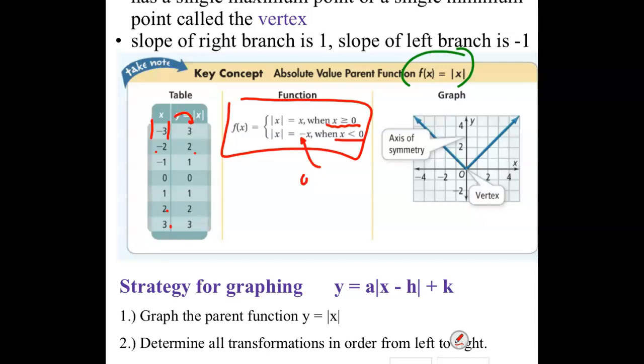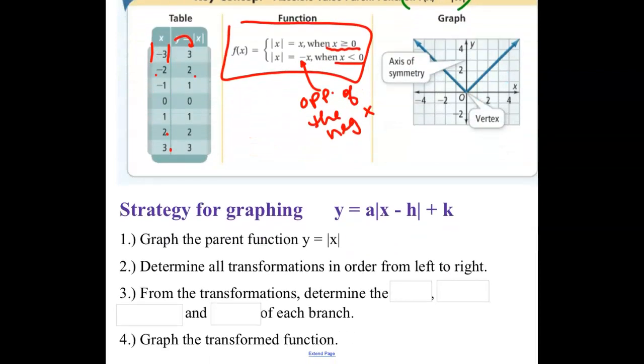That's what that negative sign is. So, if our x is already a negative value, this is going to make it turn into the opposite of the negative, or the positive version.